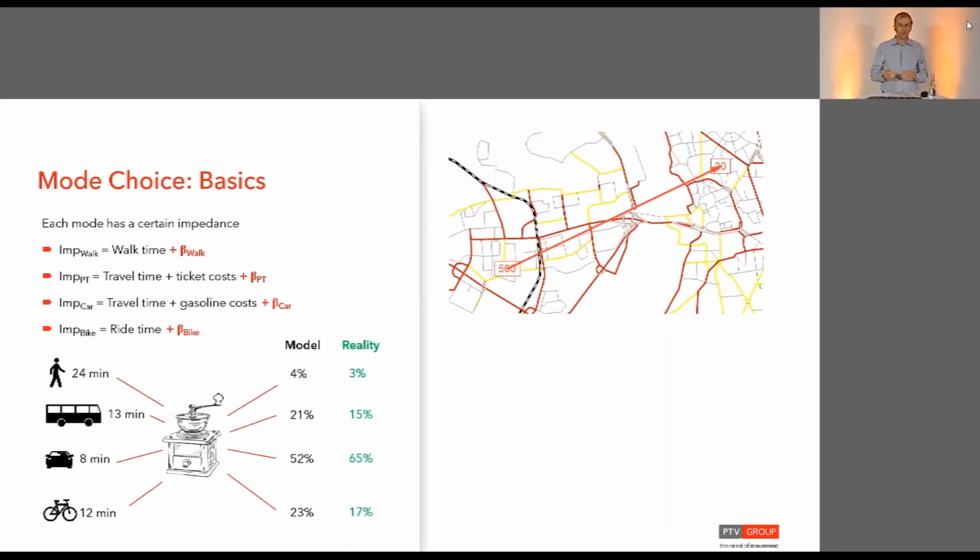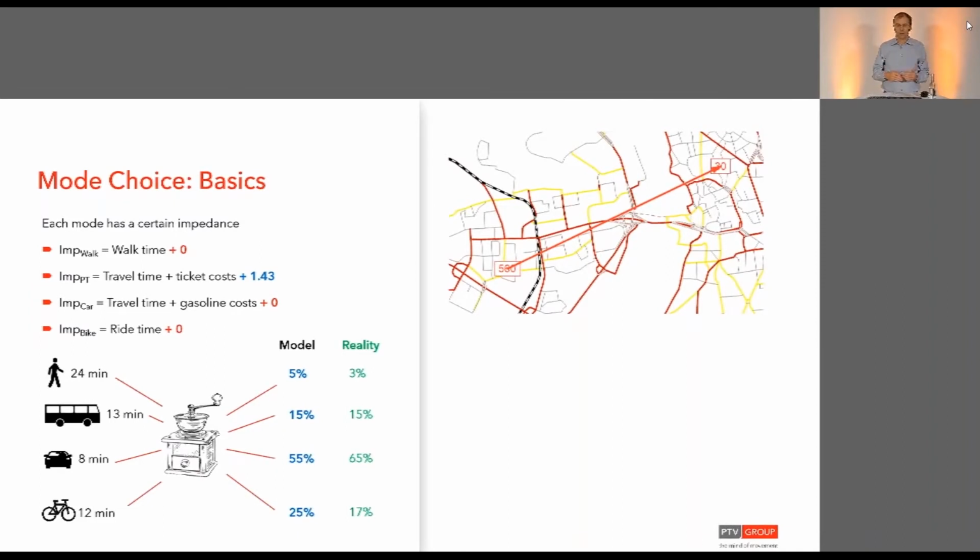We try to find out which beta we need to take in order to get the model to reflect the reality. So we start, for example, with public transport. We try a trial and error approach. We try some numbers, some constants. So we add some constant impedance to public transport and change the model results with this.